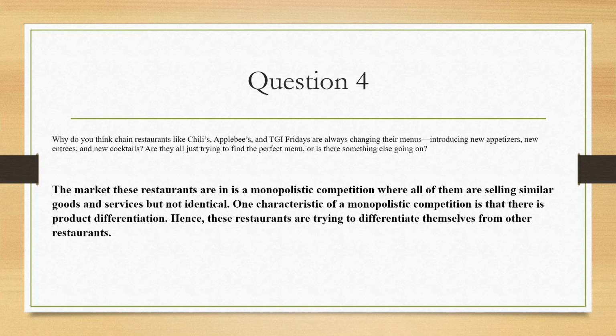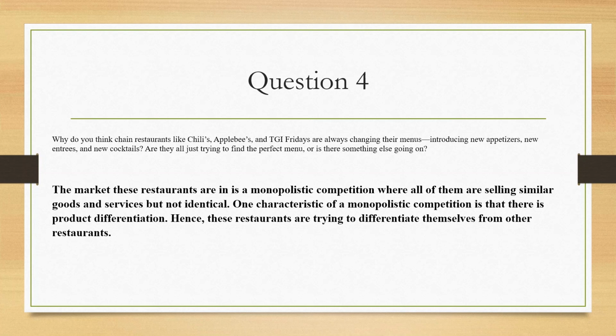So the market for these restaurants is actually called monopolistic competition, where all of them are selling a similar type of goods and services. Like in this case, they're selling food and dinner. People come in, but they don't sell identical foods, so they're not a monopoly.